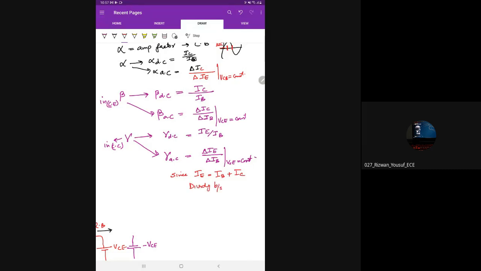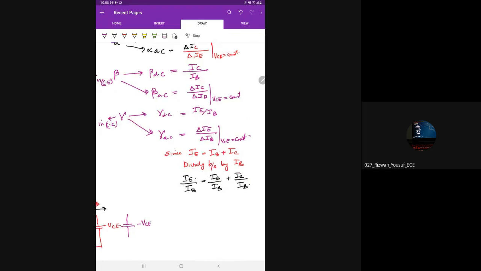Dividing both sides by IB, we have IE divided by IB is equal to IB divided by IB plus IC divided by IB. What is IE by IB? Nighat, what is IE by IB equal to, beta?